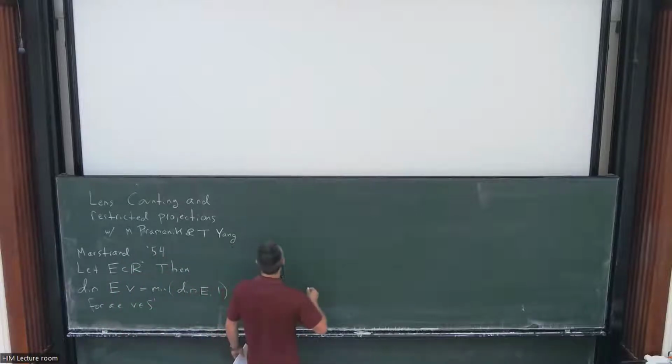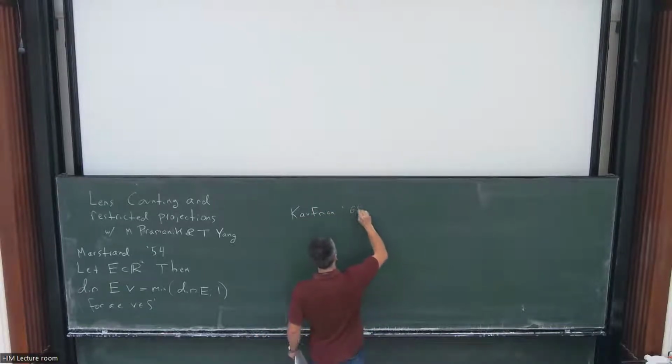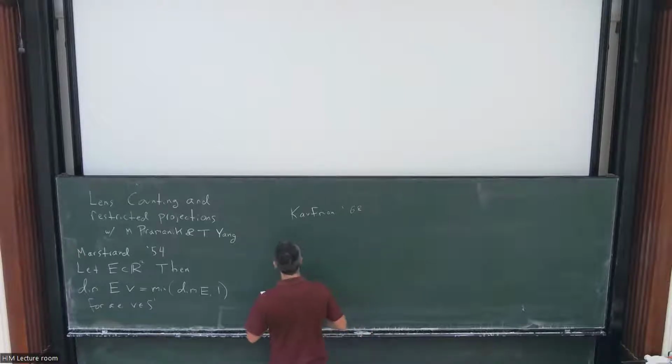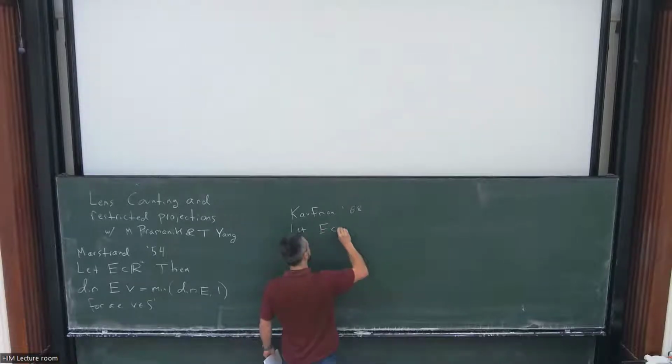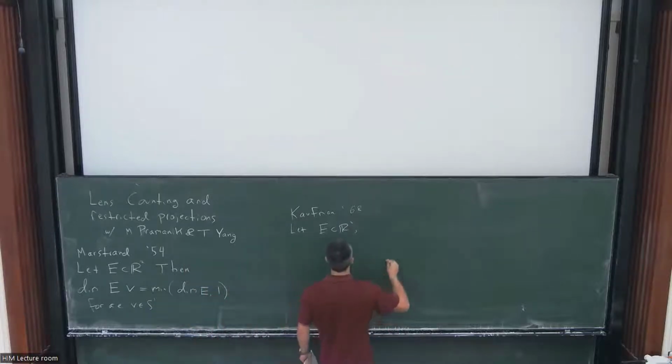And one formulation of Kaufman's result, this was, what do I want to say, 68, is the following. So let's say, again, I have some set E in the plane, but now I'm not going to consider all the directions in S1. I'll just take some collection of directions.